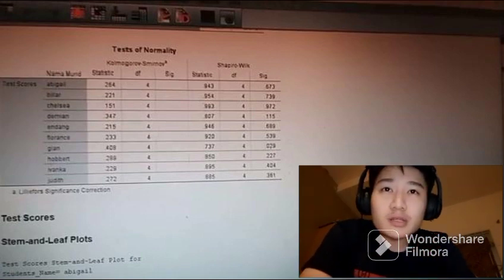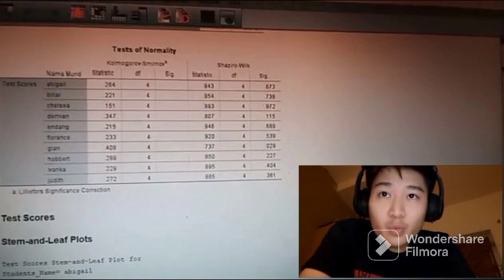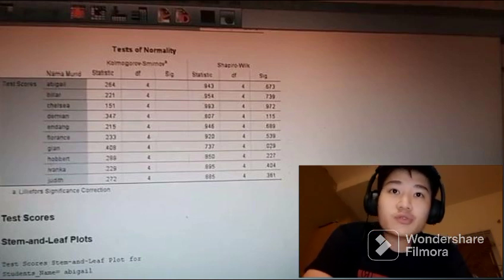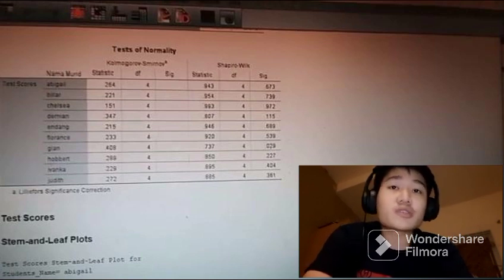Based on counting all of this in here, we found out that only one, Gian, got 0.029. That means below the normal point, that is 0.05, so there is something abnormal.